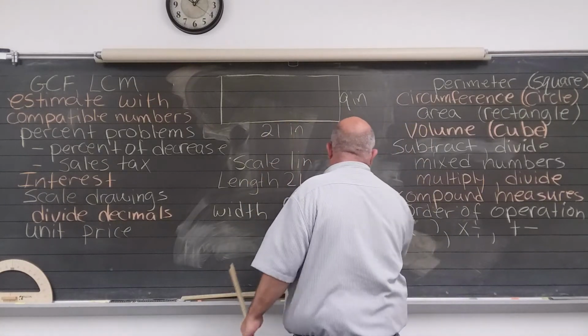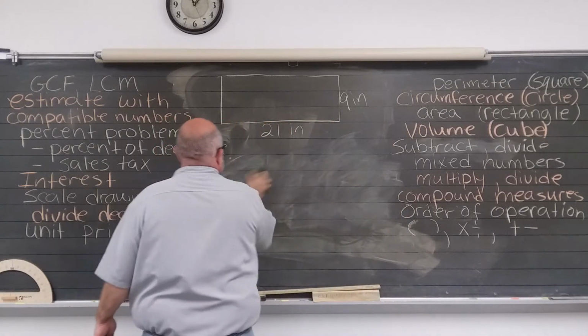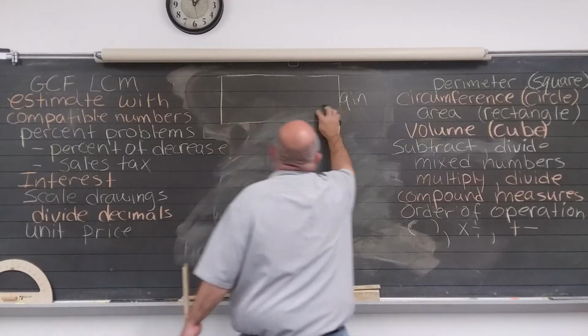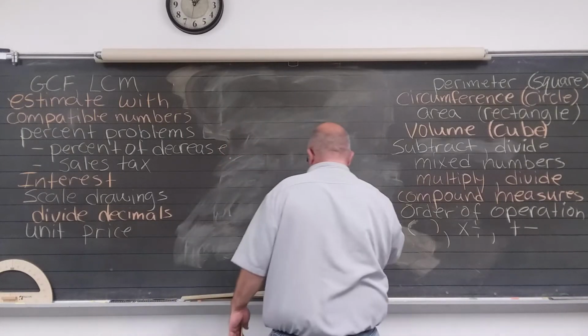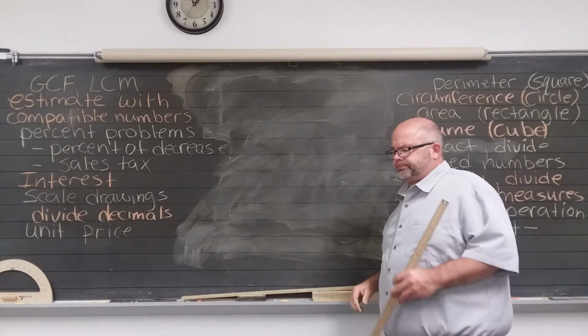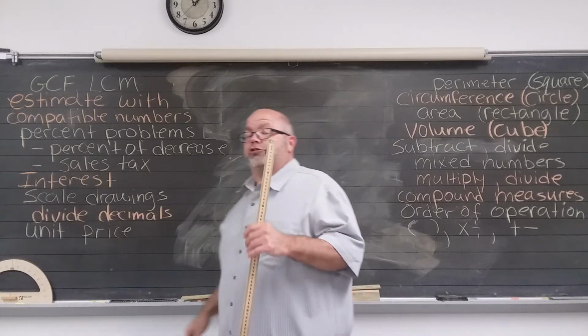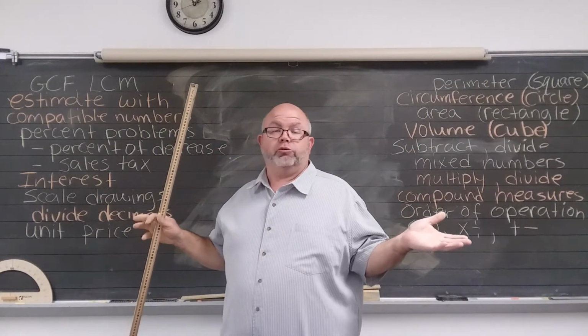Unit price. When you're working with unit price, it says to use a proportion. You do not have to use the proportion there. Unit price is simply total amount spent divided by however many units that you bought.